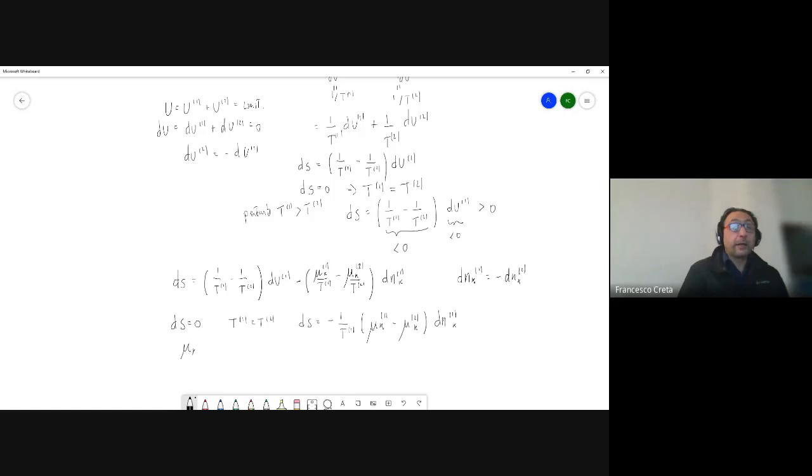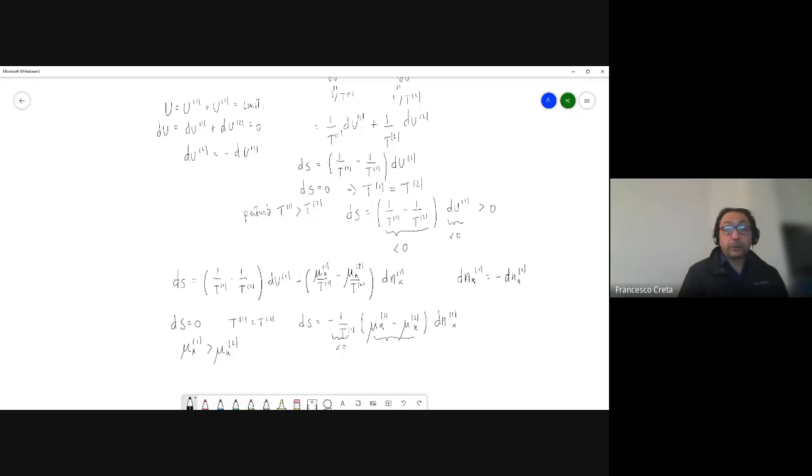So we have the species K in subsystem 1 having a chemical potential that is bigger than the one it has in subsystem 2. So this term here is obviously negative because there's a minus sign. Now we have perturbed this, so this is positive because mu1 is bigger than mu2.